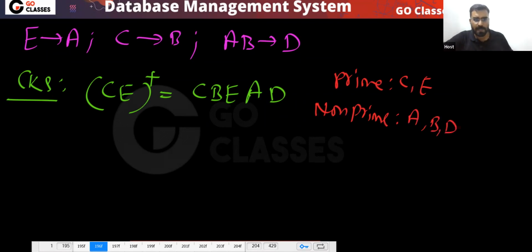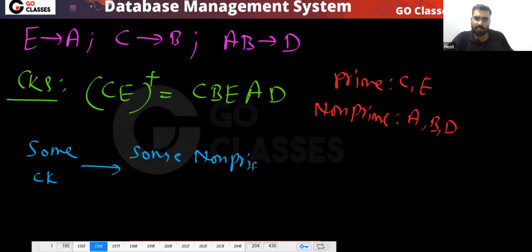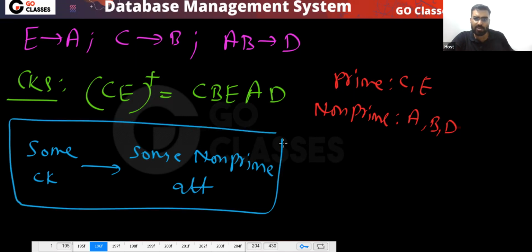Now let's check. Do we have this type of situation, where some candidate key determines some non-prime attribute, where this is partial dependency?